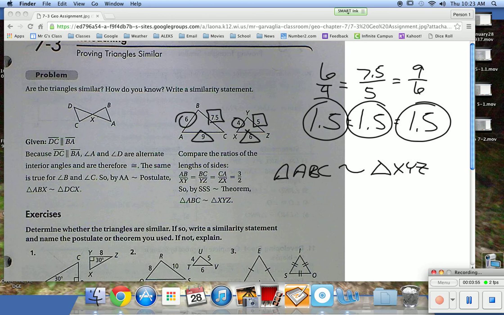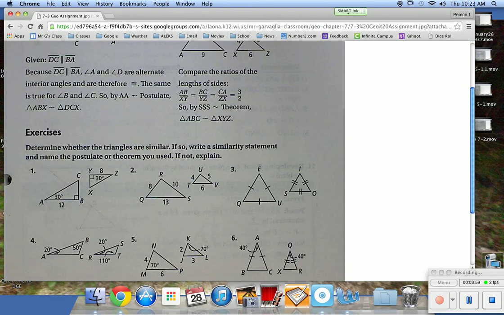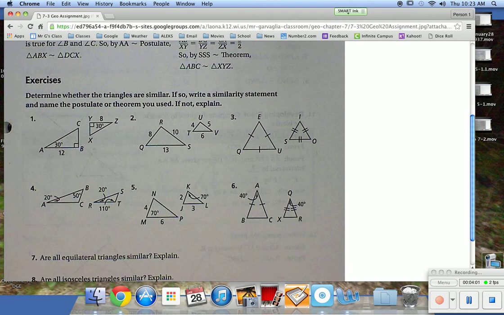In the assignment, you are going to get something where it might throw an angle in there. The angle is going to tell you what sides we're going to be working with. We've got two different triangles. One is flipped over, all right? So we're looking at this angle here and this angle here. So A is going to be associated with Z. That's the way we have to figure this out.